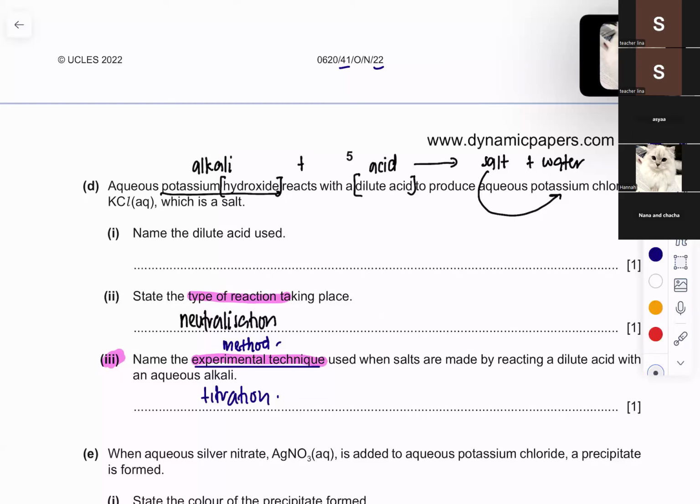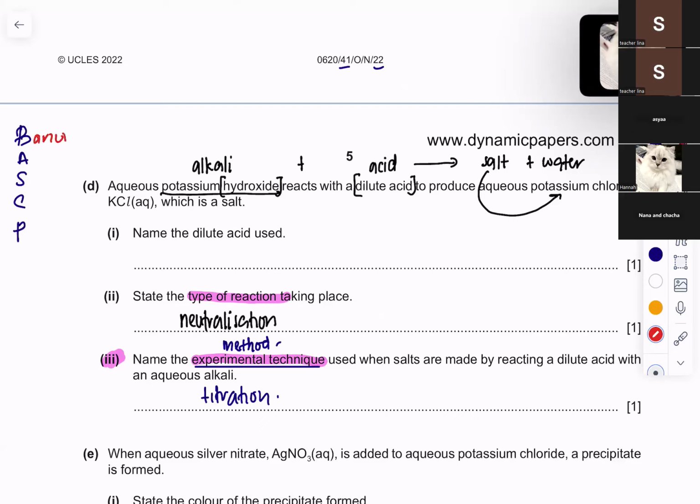Okay. Aqueous potassium hydroxide. If you see hydroxide, that one is an alkali. Sodium hydroxide, potassium hydroxide, that one is an alkali. If you still remember, the alkalis are BAS-CP, under the chapter acid base, chapter 11.